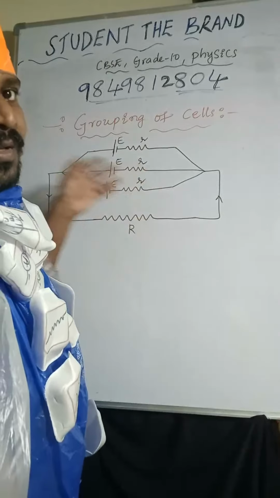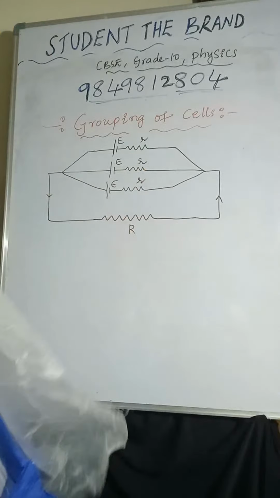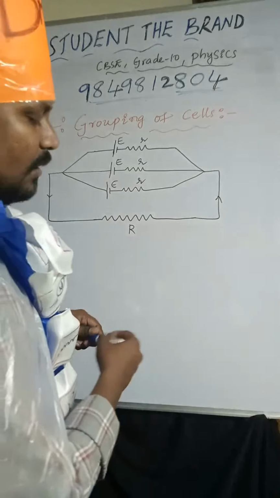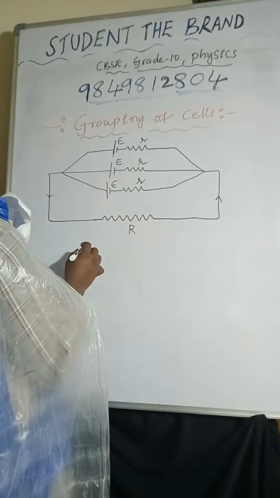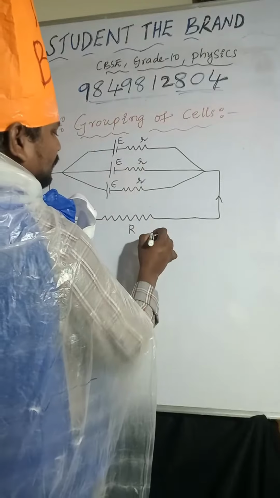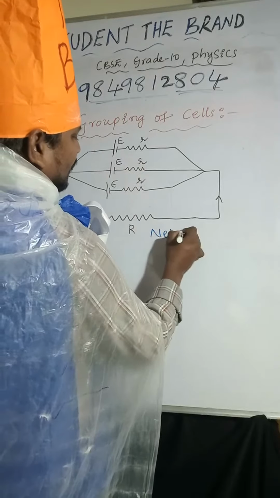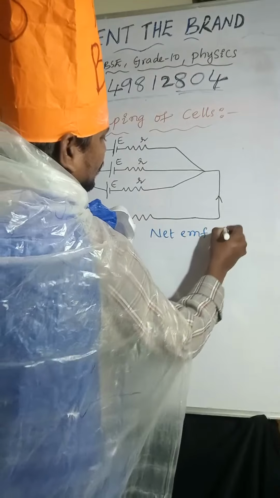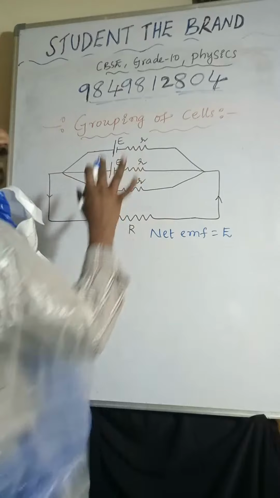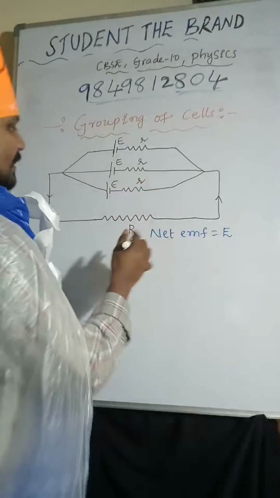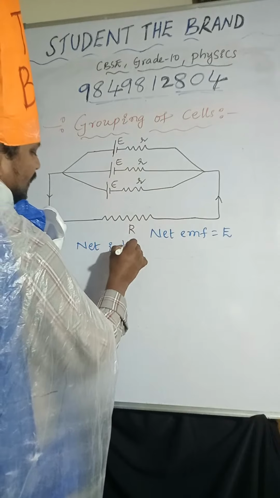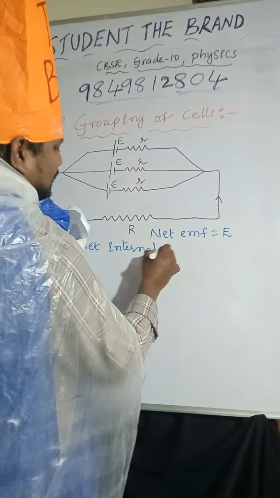So the net EMF is E only. Now the net internal resistance, be very clear.